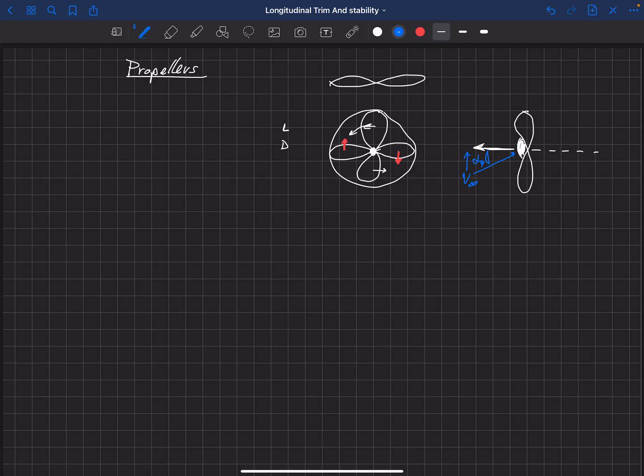We have a normal component here that I've drawn, and we also have the axial component. So some of the flow is going directly along the axis of the propeller, but now we have a new component that's also going normal to the propeller. I'm going to draw that here, and that's across the entire propeller. We have this normal component of velocity that it's now seeing.